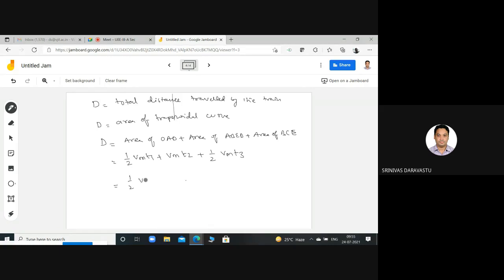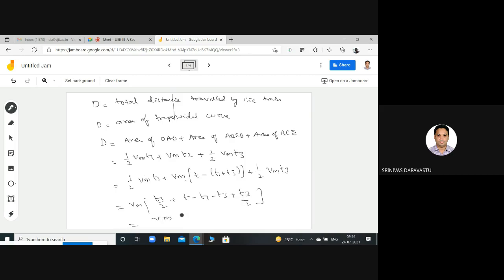Now we can write half into Vm into T1 plus Vm into T2, substituting the T2 value: T minus (T1 plus T3), plus half into Vm into T3. Now we take Vm common: T1 by 2 plus T minus T1 minus T3 plus T3 by 2.